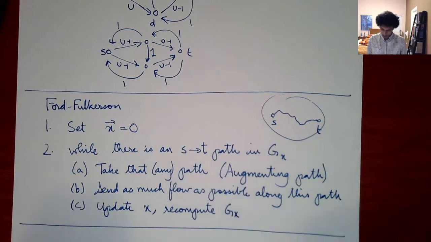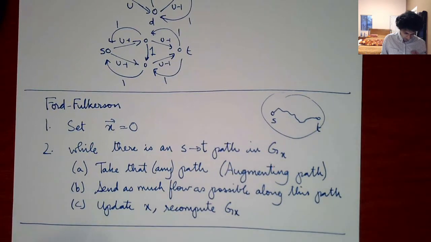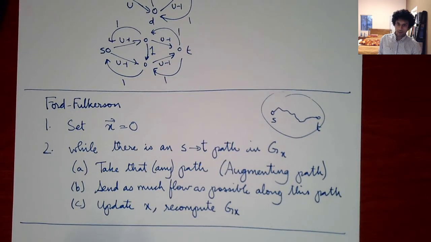This is the Ford-Fulkerson algorithm, from maybe the 50s or 60s. You can see that every time it keeps adding more and more flow, and one can apply induction and prove that the Ford-Fulkerson algorithm will eventually converge to the max flow when the capacities are integral.